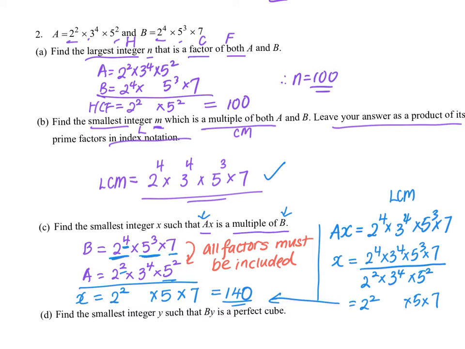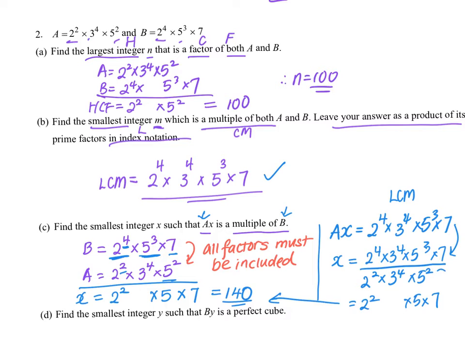Oh, why must times 7? My A doesn't have 7. Good question. This one is the LCM, this is X, same number.